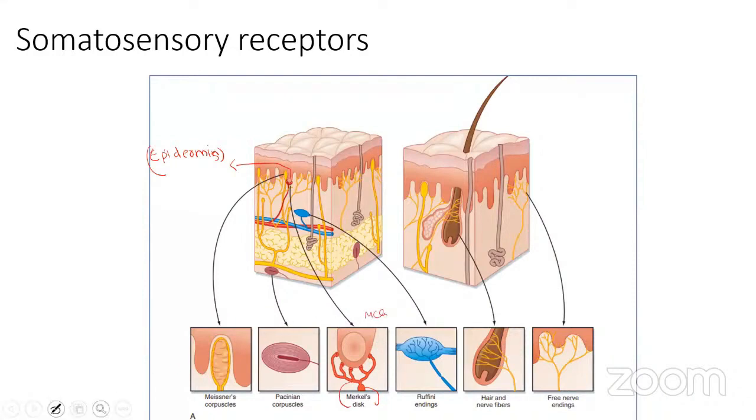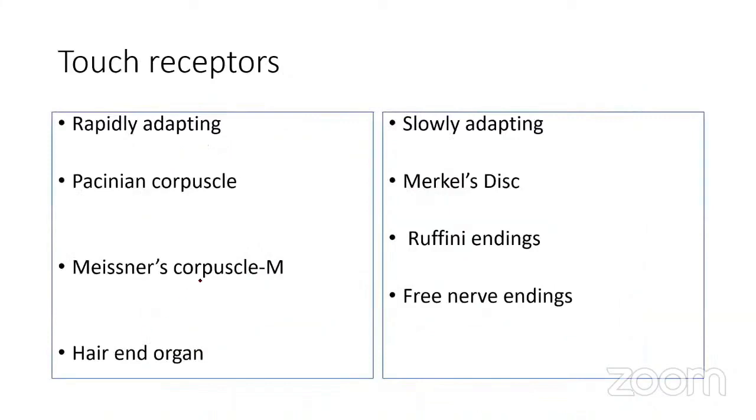Let's see some important points regarding these somatosensory receptors. The touch receptors can be classified as rapidly adapting and slowly adapting. Pacinian corpuscles, Meissner's corpuscles, and hair end organs come under rapidly adapting receptors.